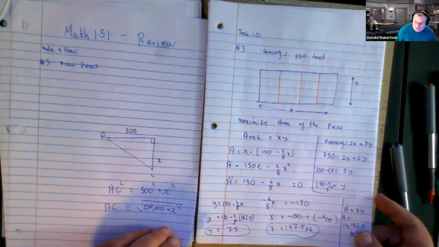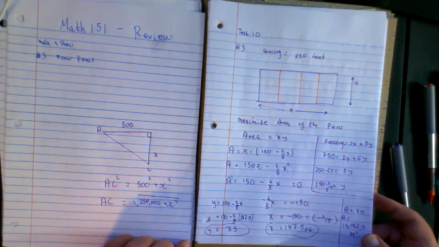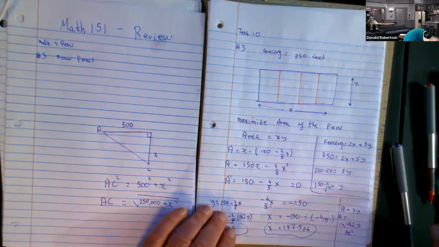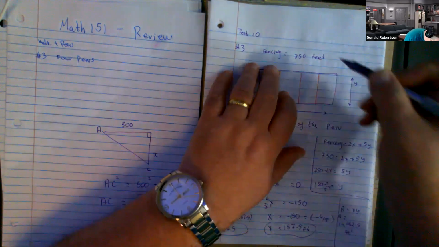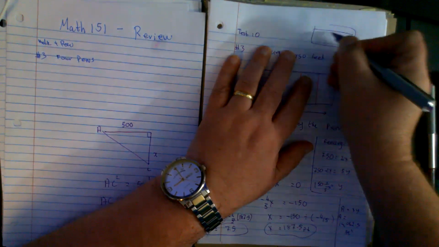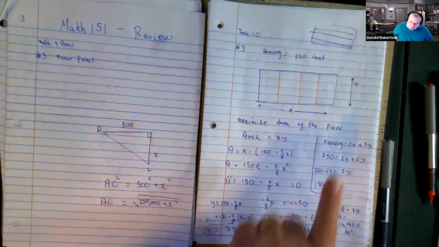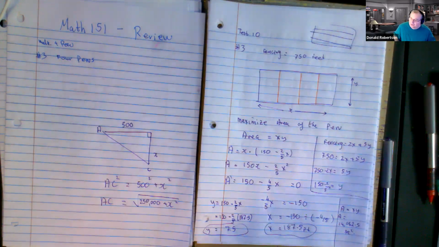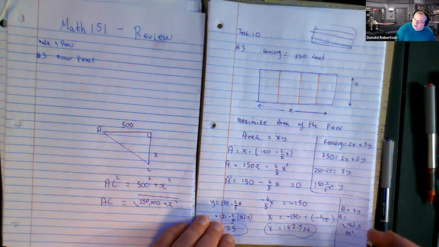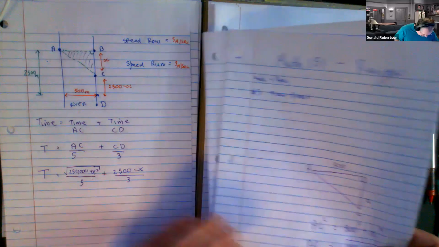Doesn't matter for the question, it's the same answer. What do you mean by split horizontally versus vertically? So you did your pens like this. Oh no, yeah, I did it the way you did it. If you decided to split the pen this way, you'd still get the same answer. The math wouldn't change. It might look a different size pen, but the area would be exactly the same. So there's a lot of versatility in that.